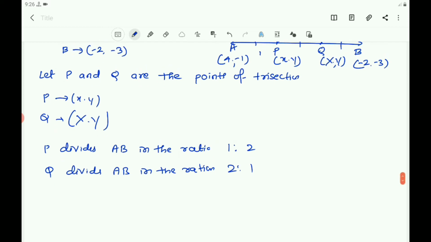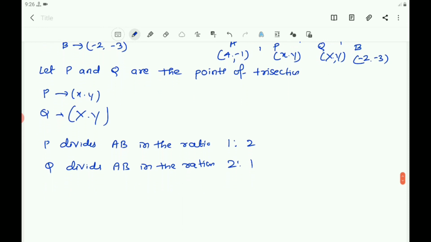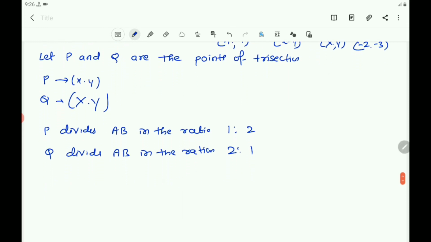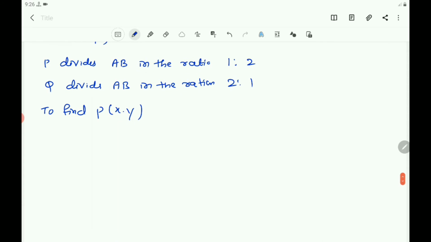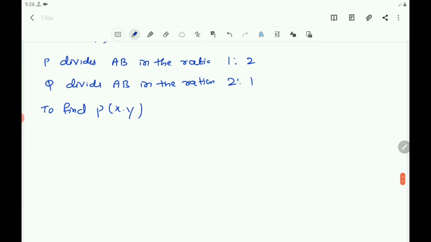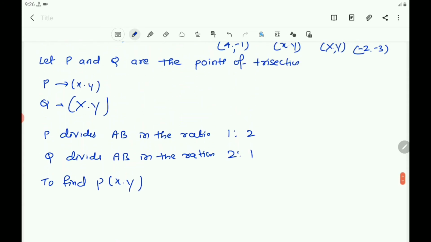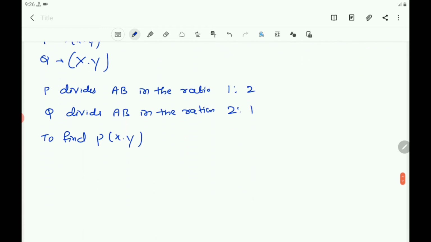Now for the first one, that is to find P of (x, y), write the section formula. Let us have the points A and B. A is the point (4, -1) and B is the point (-2, -3). So you write x1, y1 and x2, y2.